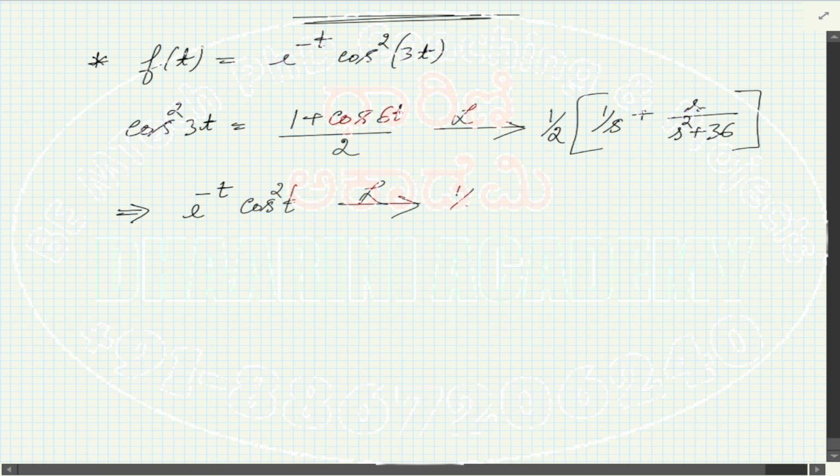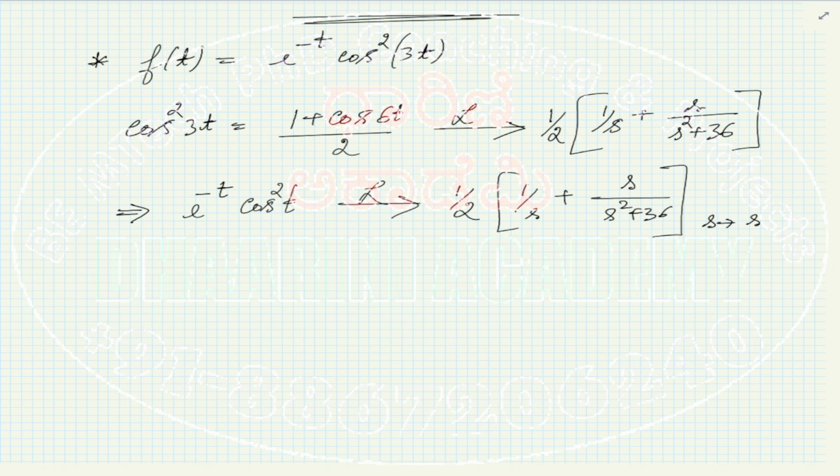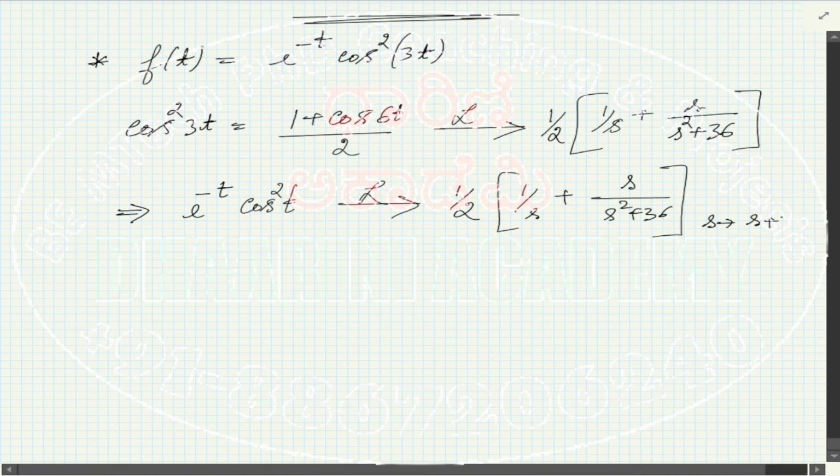Whatever the original Laplace was, you write it, half, 1 by s plus s by s square plus 36. Then you replace every s, looking whether it is s plus 1 or s minus 1. If it is e to the minus, it becomes plus. So since it is e to the minus t, this becomes s plus 1.